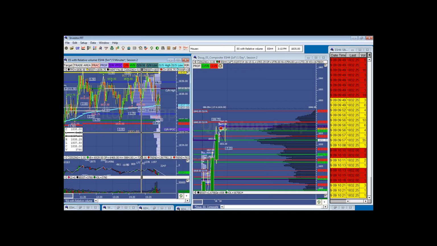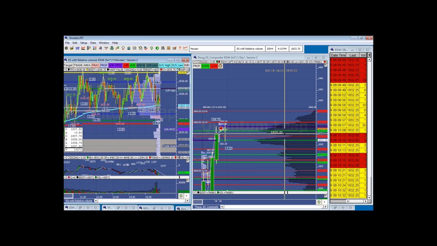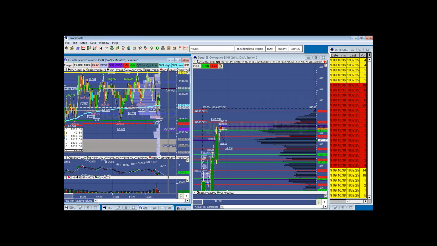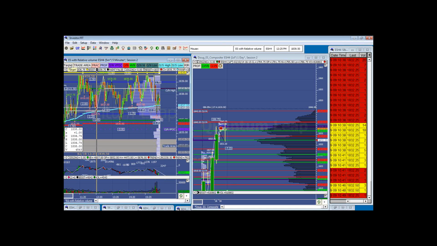So 34 is going to be an area that I'll be looking for possible responsive sellers to step in to hold us down in this lower distribution and keep us outside of this CHVN zone around that 3650. If we can get above 34, then I'm looking for a move to the halfback and the LVN from yesterday at this 1835.25, and that's going to be my first target area above.